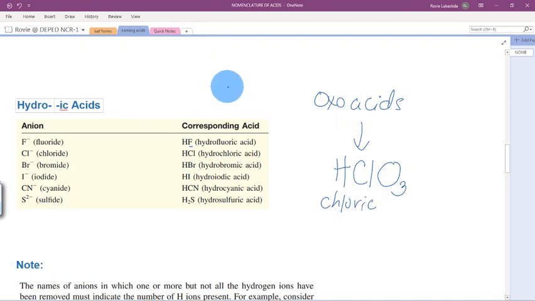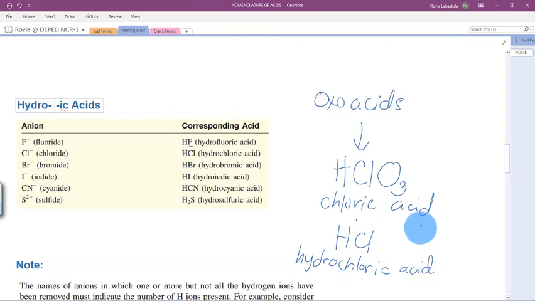Based on what we discussed a while ago, chloric acid. Now, if we remove all the oxygen atoms in the formula, what will remain is HCl. When there are no more oxygen atoms in the formula, it becomes hydrochloric acid. There you go.